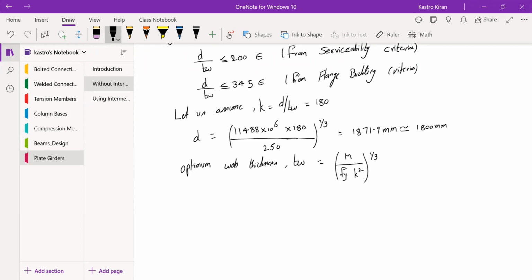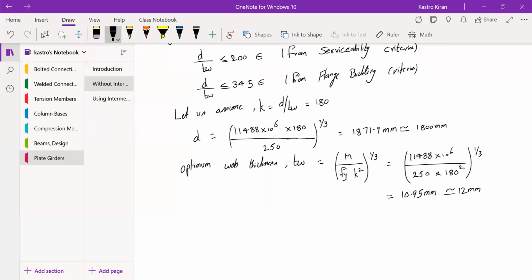So this is how you need to find the optimum thickness of the web. It will be 11488 into 10 power 6, the maximum bending moment, and the fy value is 250, and the value of k we have assumed as 180, so 180 square, whole power 1 by 3. If you solve this, you will get 10.95 mm. So approximately you can take it as 12 mm.